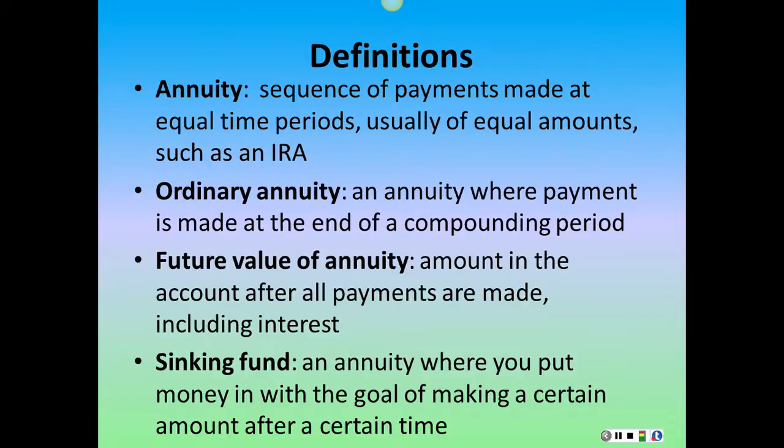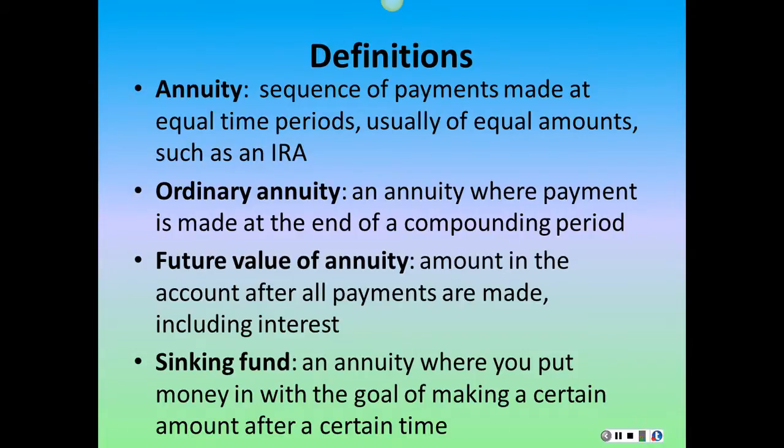Future value is, again, the amount that's left over after a time period has run through, after all the interest has been made and all the payments have been collected. And a sinking fund is a term for finding the amount of money you would need to invest at a regular time in an annuity to make a certain amount.